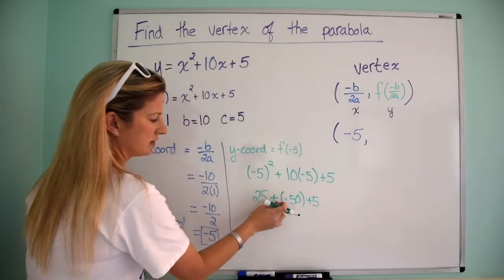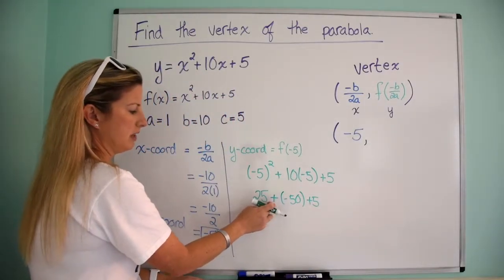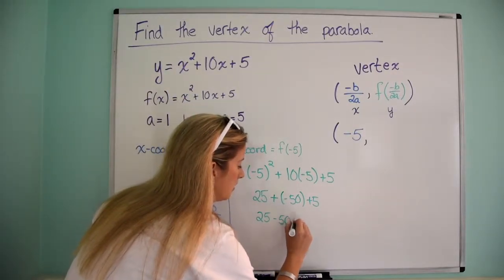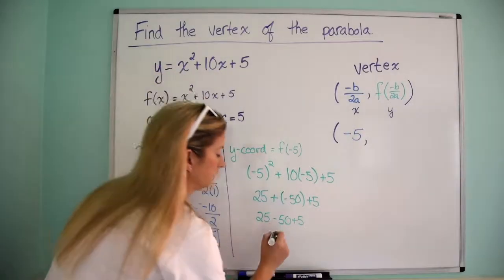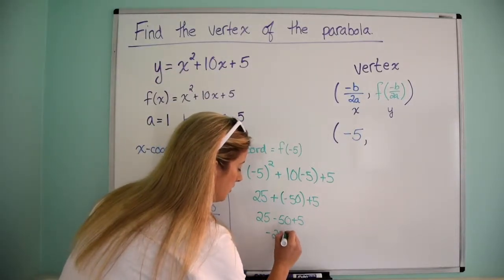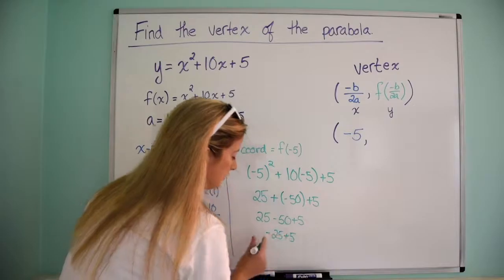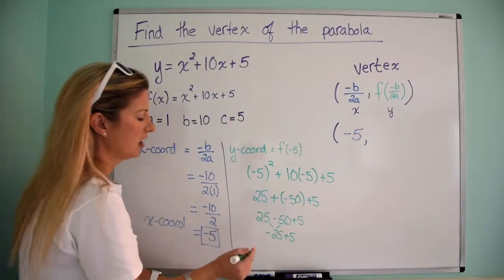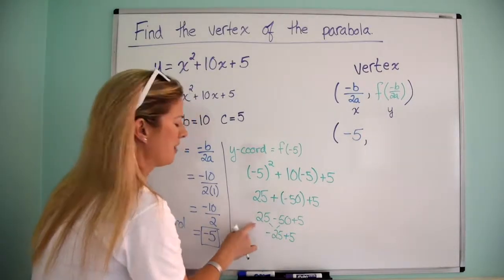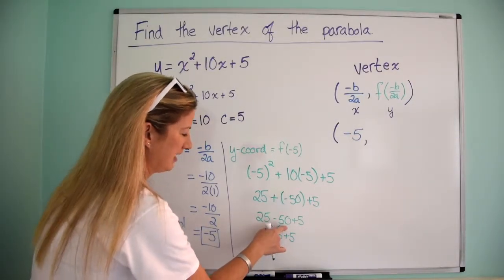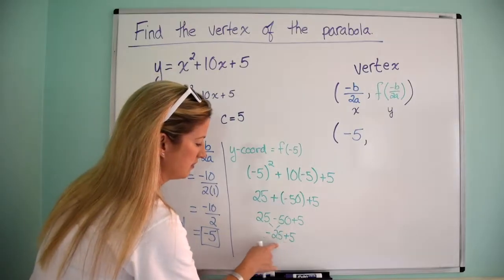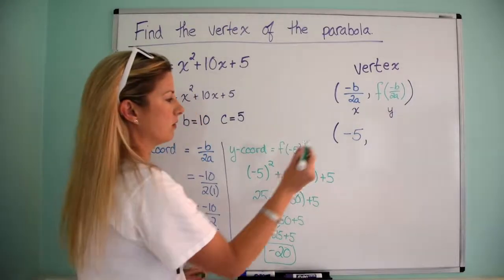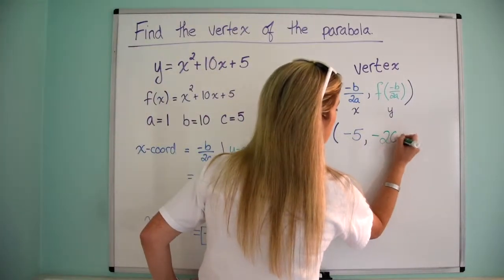Our shorthand is we tend not to write plus negative, so we just write it as subtraction: 25 minus 50 plus 5. 25 minus 50 is negative 25, and then plus 5 is negative 20. Perfect. So our y coordinate is negative 20.